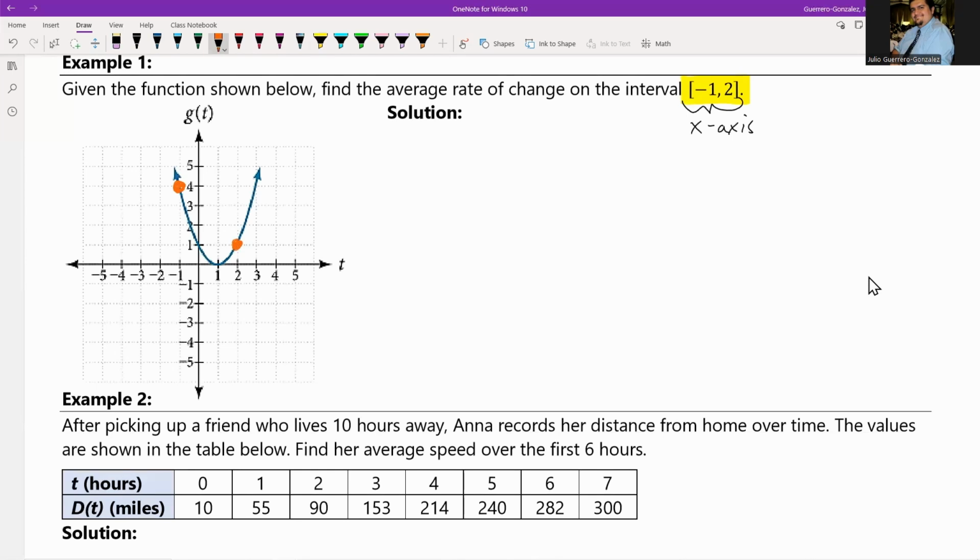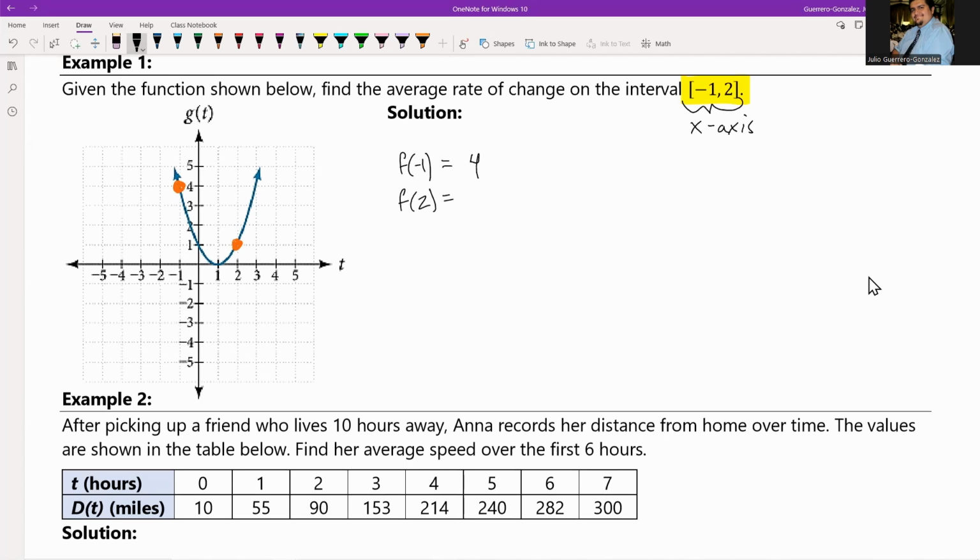Using these 2 points, I'm going to first write this out. I need to find f of -1 and f of 2. And thankfully, that's what the graph is here for. It's going to give us those y values automatically. So for -1, the y value is 4.